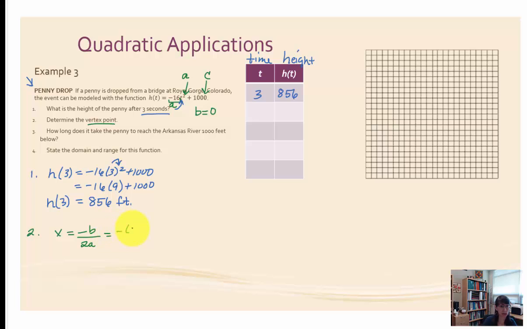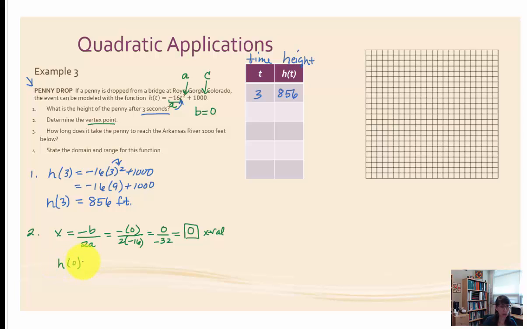So that would be negative times 0 divided by 2 times negative 16. So 0 is divided by negative 32. Keep going to simplify that. It really is 0. So the x value for our vertex point is 0. That means we need to evaluate the function using an x value of 0 now.